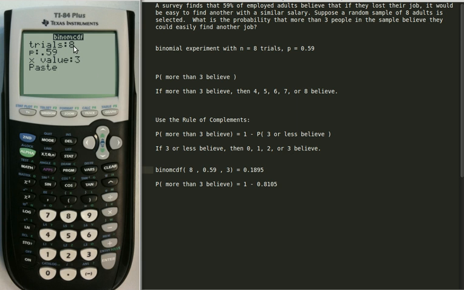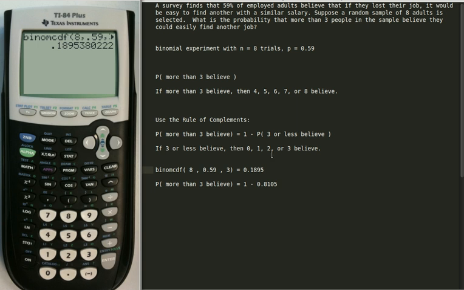Here we have 8 trials, so you would enter 8 in there, and then the probability of success is 0.59. For the x value, you want the upper limit, which for us in this problem is 3. So you'd enter 3 in there, and then go down and hit enter, and hit enter again, and it would tell you that cumulative probability.